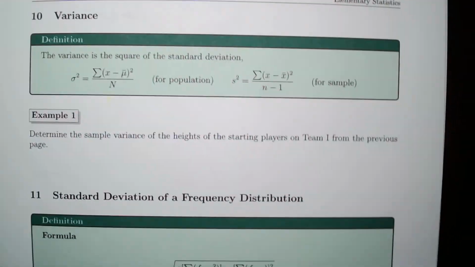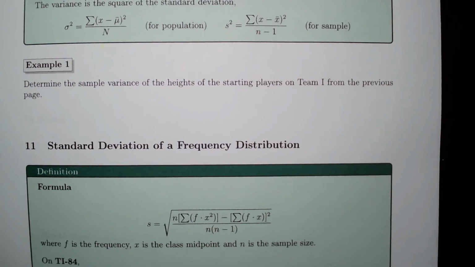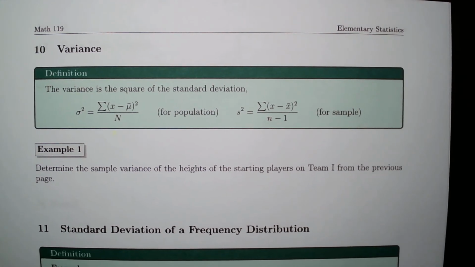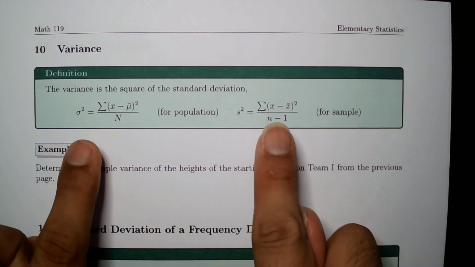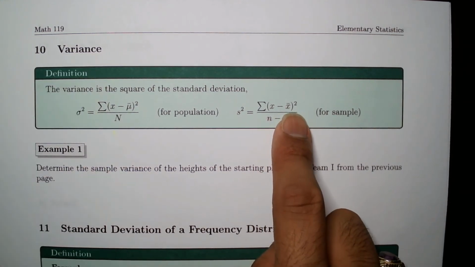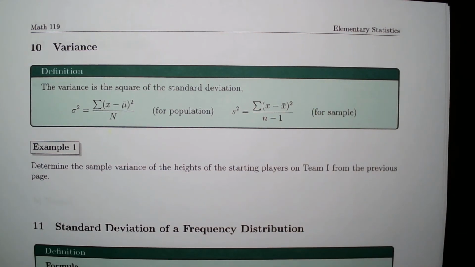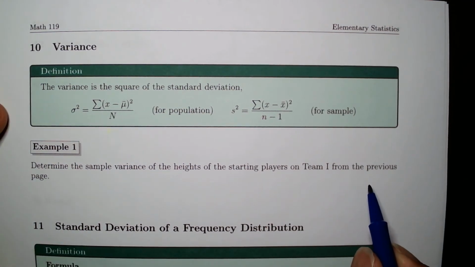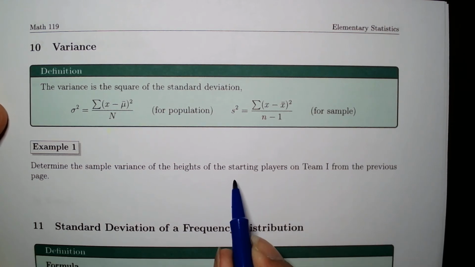Variance. The variance is the square of the standard deviation. In some calculations later in the semester, we may need to work with the variance, or in some cases we may need to work with the standard deviation, depending on the situation. So let's determine the sample variance of the heights of the starting players on team 1 from the previous page.